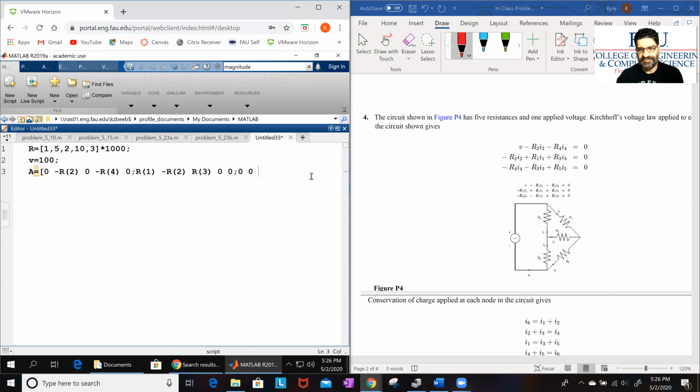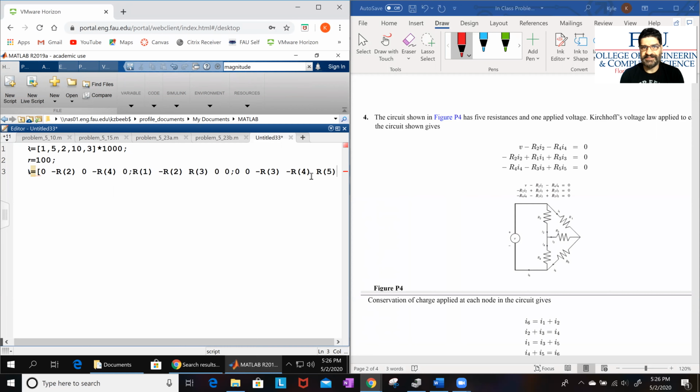It has I3, which is minus R3, and also it has I4, so minus R4, and lastly R5, and so that is equation 3.